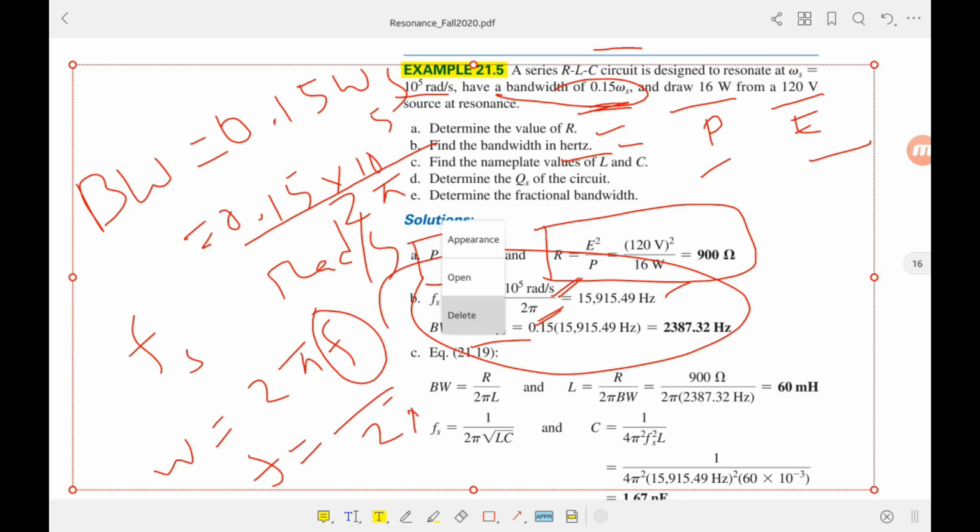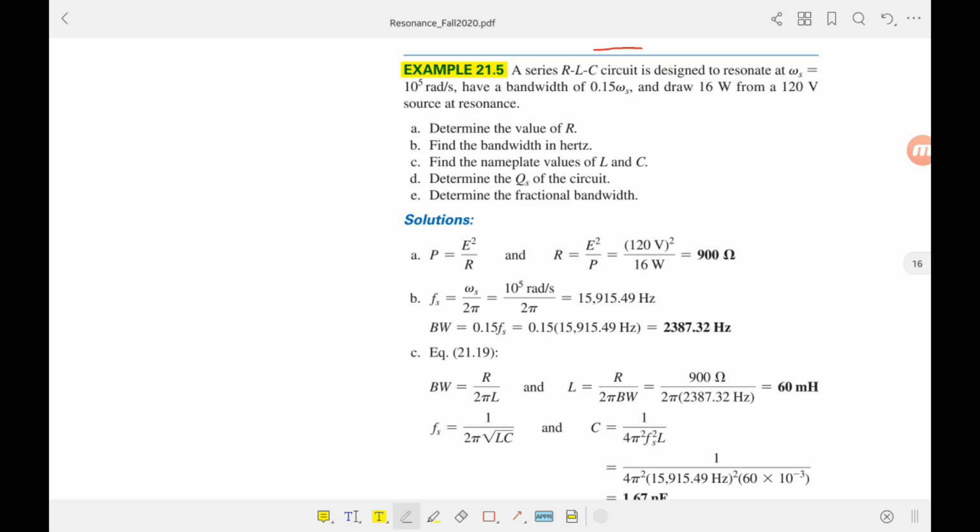Now question number C: find the nameplate value of L and C. So you have to calculate the value of L and C. So far you have calculated the bandwidth and also the resistance. The bandwidth expression is R over 2 pi L, which was derived when I showed you the expression of bandwidth. So we can write L equal to R over 2 pi into bandwidth.